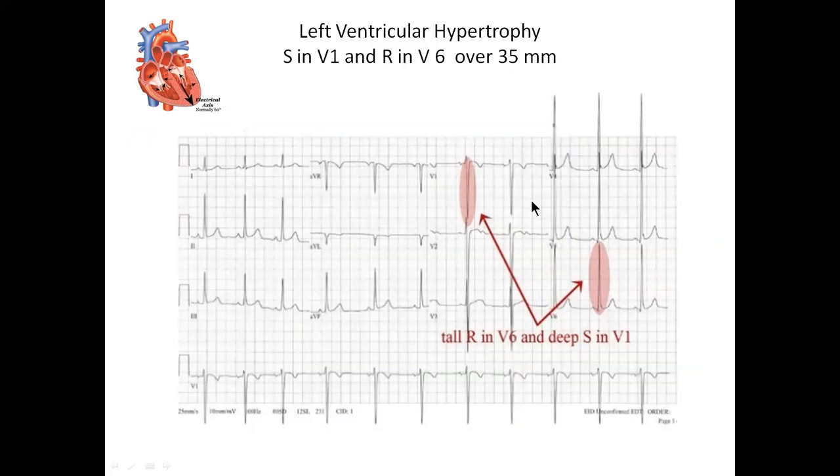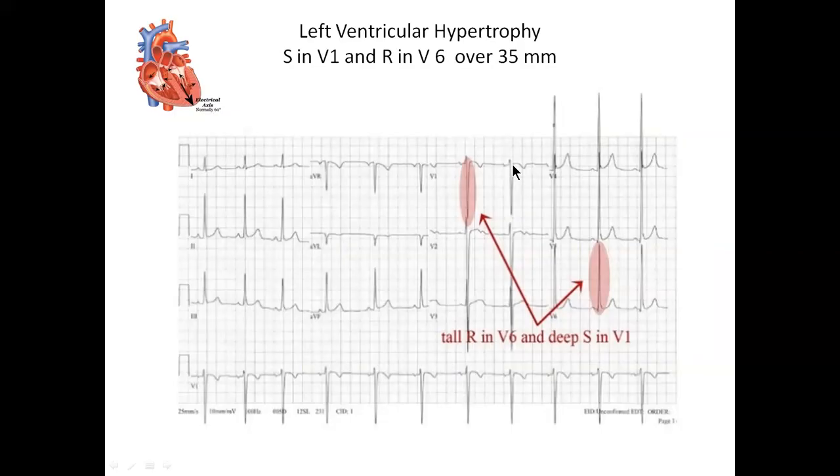There are many criteria to diagnose left ventricular hypertrophy. I usually just remember this one for now, okay? So we look at V1. In V1, you see a deep S, right? The first upward stroke is a little r and a deep S.